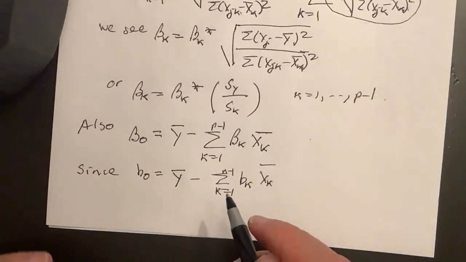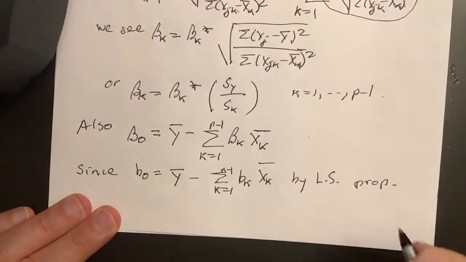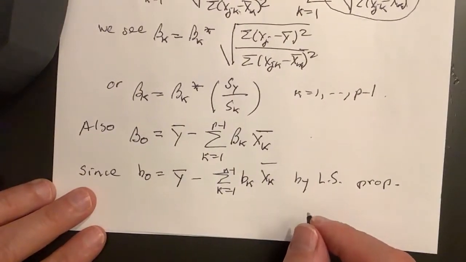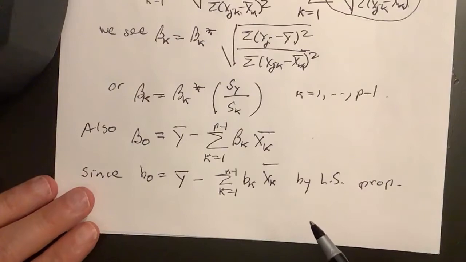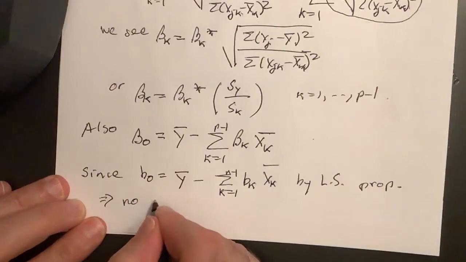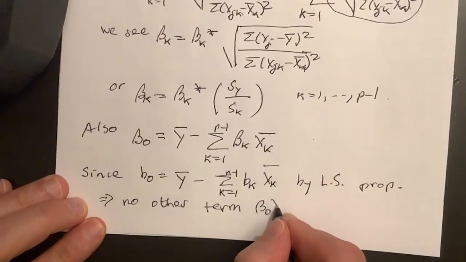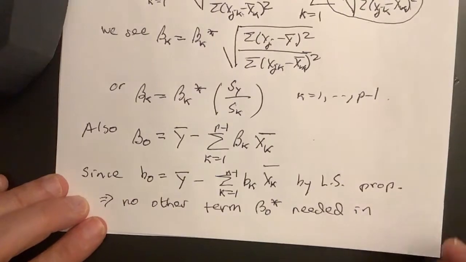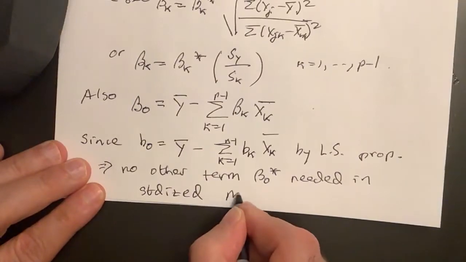So since this is always true by the least squares property, this implies there is no other term needed in the standardized model. So this implies no term b0 star is required or needed in the standardized MLR model.